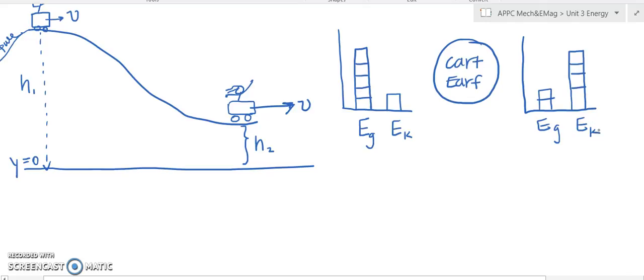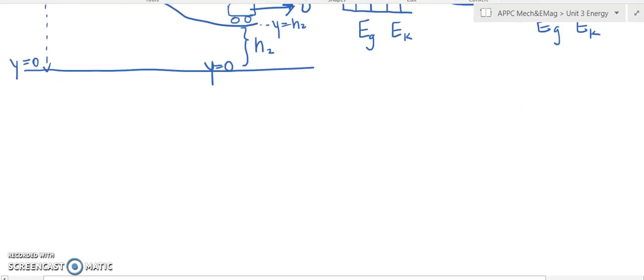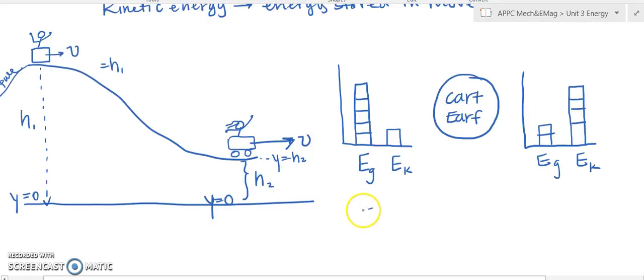Energy cannot be created or destroyed, just transferred from one form to another. And this shows that. It's all about the reference point when it comes to your energy equation. So right now, this says that EG at point 1 plus EK at point 1 would be equal to EG at point 2 plus EK at point 2.